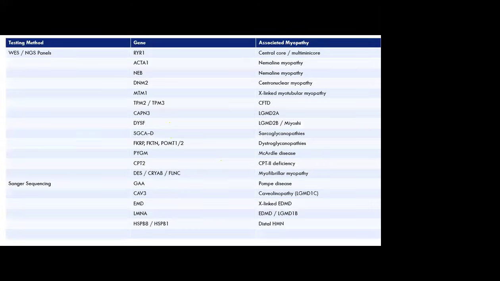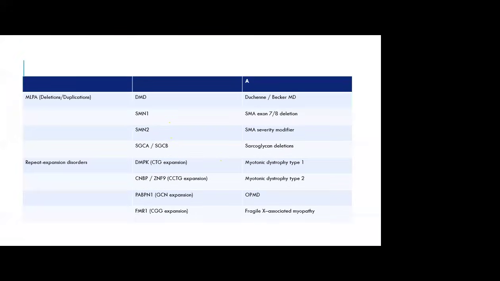For whole exome and next generation sequencing, the genes and associated myopathies are: RYR1 is central core and multiminicore, ACTA1 is nemaline, and the NEB gene is also associated. Repeat expansion is for myotonic dystrophies type 1 and type 2. That will be your DMPK gene with the CTG expansion. With Fragile X, it is a CGG expansion.